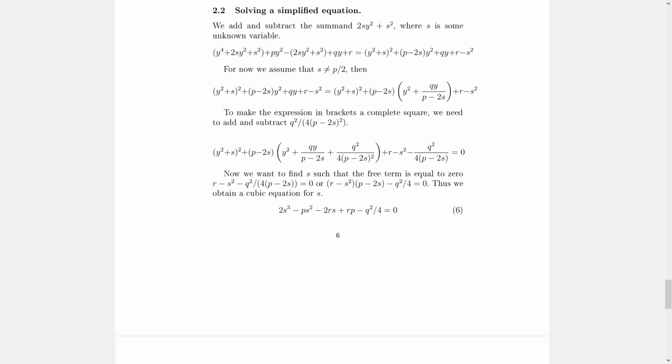To make the expression in brackets a complete square, we need to add and subtract q squared divided by 4 times p minus 2s squared.